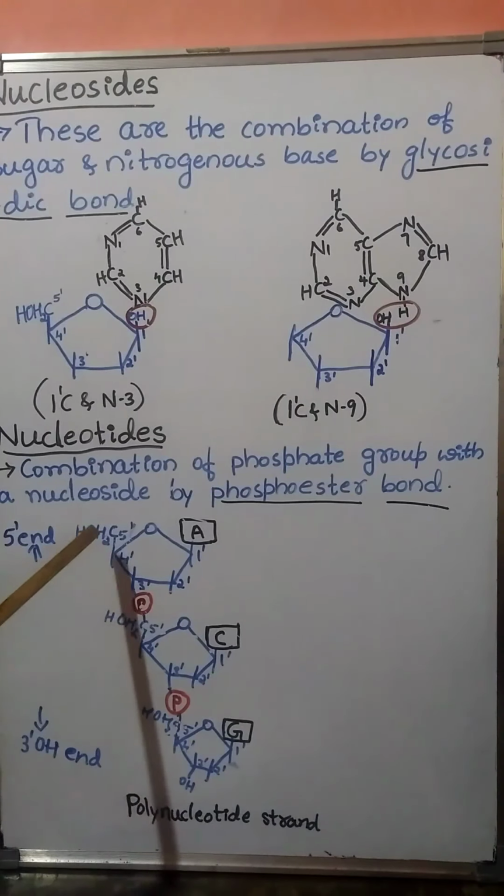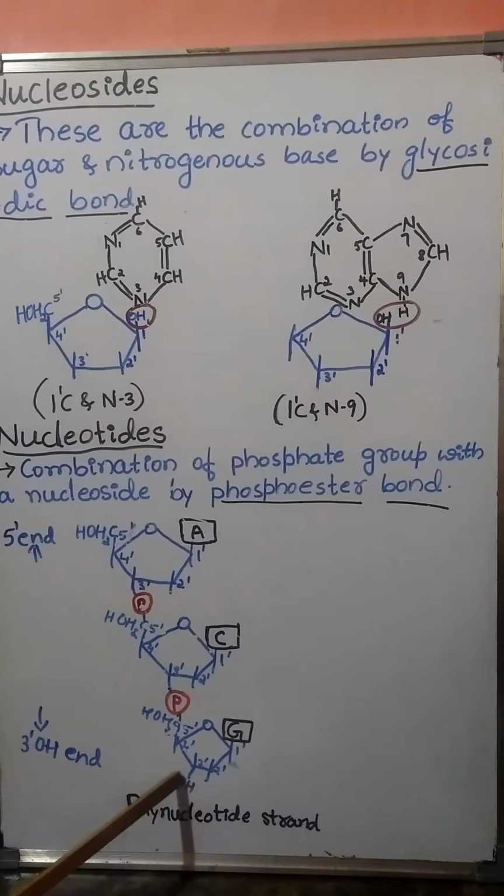And the other end of the polynucleotide strand contains a pentose sugar with a free OH group at the 3' end. See, this is the 3' end of the polynucleotide strand having a free OH, meaning this OH has not formed any bond with any other molecule.